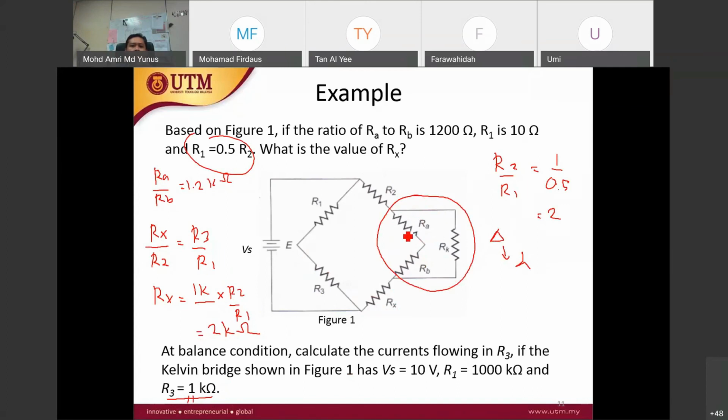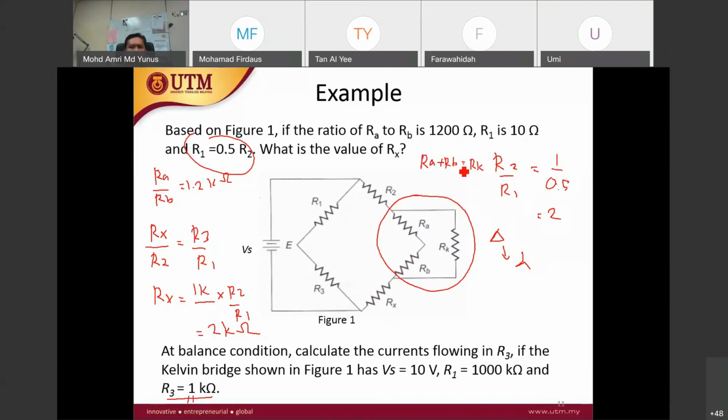There's the ratio RA over RB, and then there's another equation, which is RA plus RB is equivalent to RK.